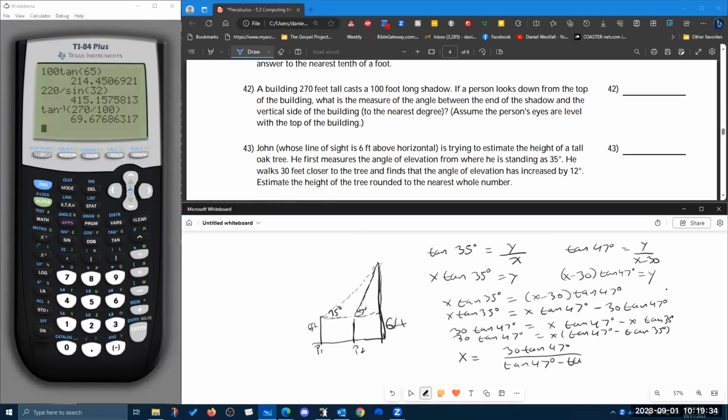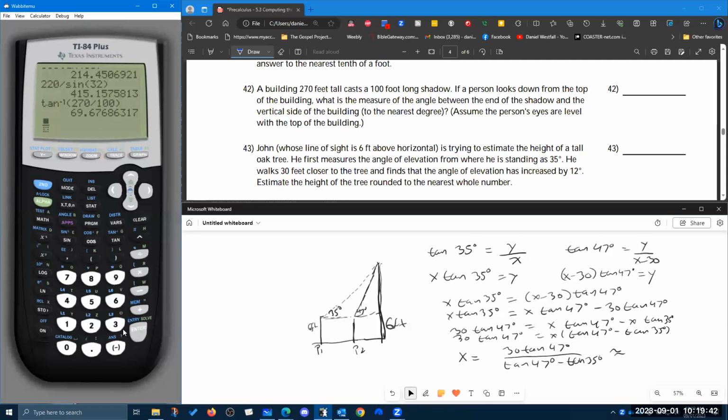And that's approximately, let's see, 30 tan 47 divided by tan 47 minus tan 35.